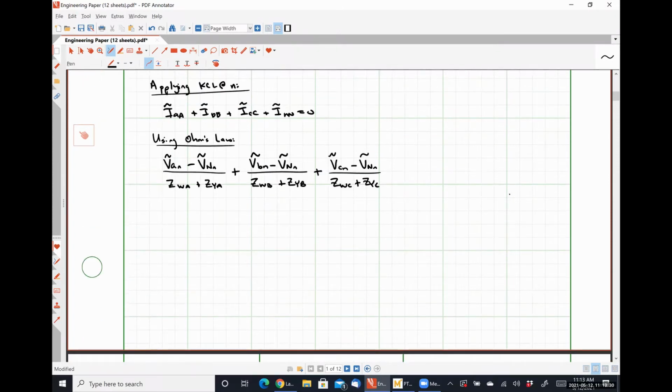So I'm going to put minus VNN divided by ZN equal to 0. All right. If our network is balanced, using the constraints that we identified earlier, then this will reduce.